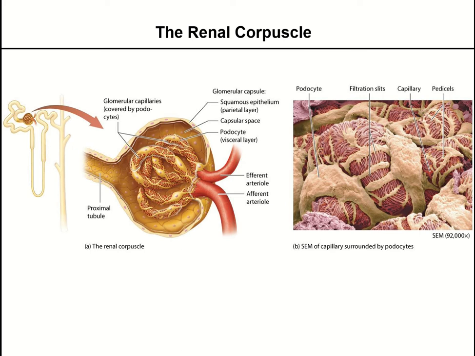And this is going to be our sort of MVP. It's going to be our primary location for filtration, which is going to be one of the three main functions of our functional unit. And we're going to have two types of these nephrons.